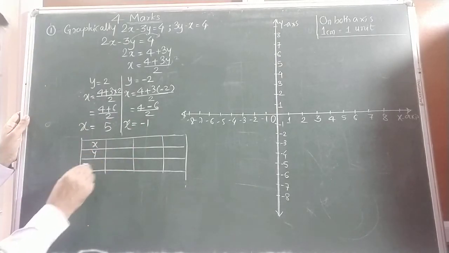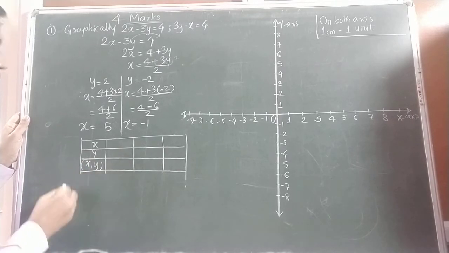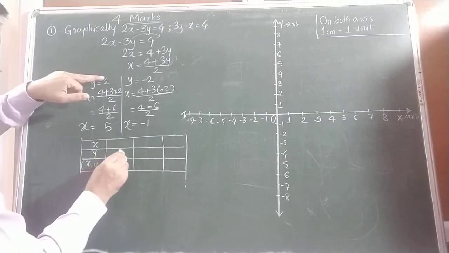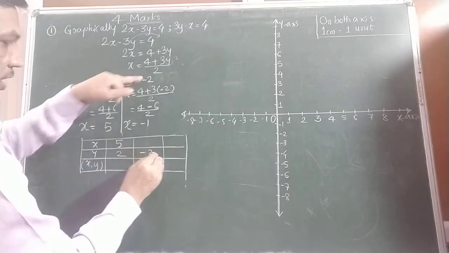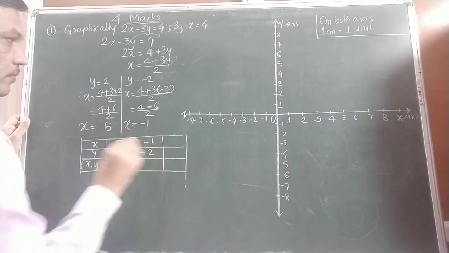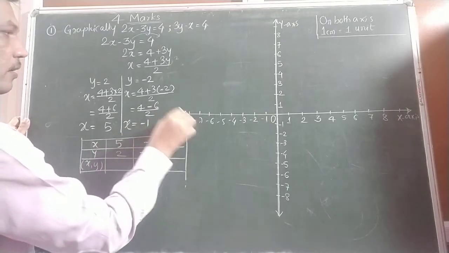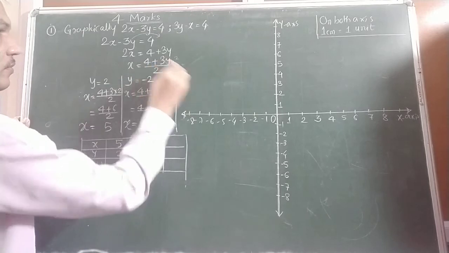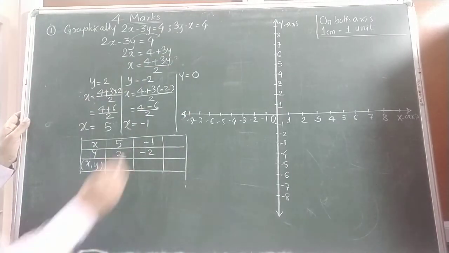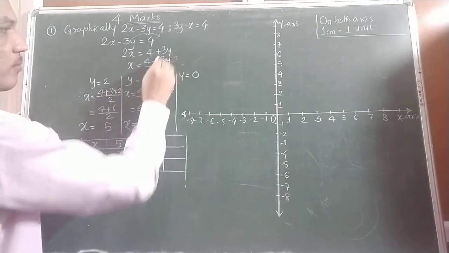So here x, here y, x comma y. When I am taking y is equal to 2, x is 5. y is equal to minus 2, x is minus 1. Now another value is remaining, you can take y is equal to 0. If I take y is equal to 0, then this whole becomes 0.